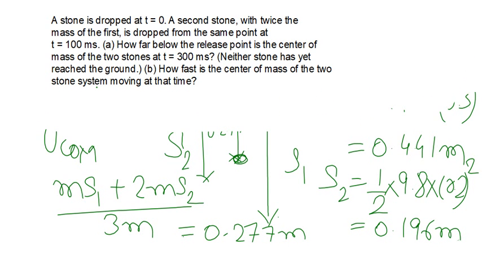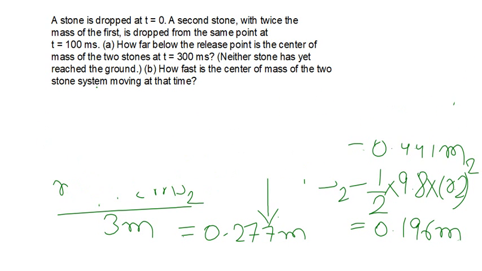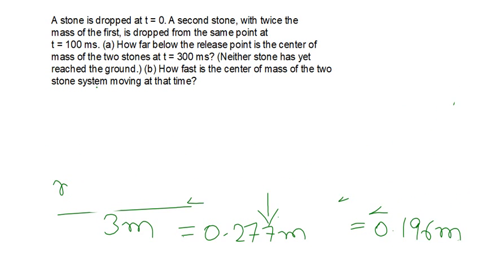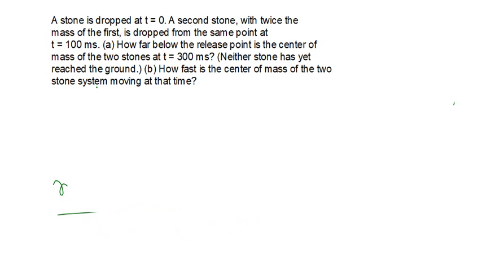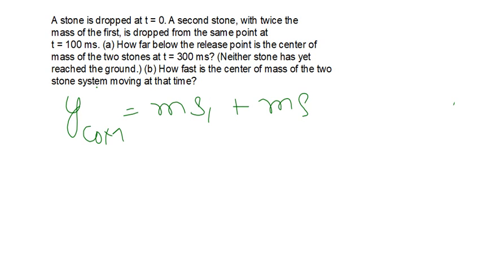Now let's come to part 2. Part 2 says that we need to find the velocity of center of mass after t equal to 300 milliseconds. So we have the expression y center of mass equal to m times S1 plus 2m times S2 divided by 3m.